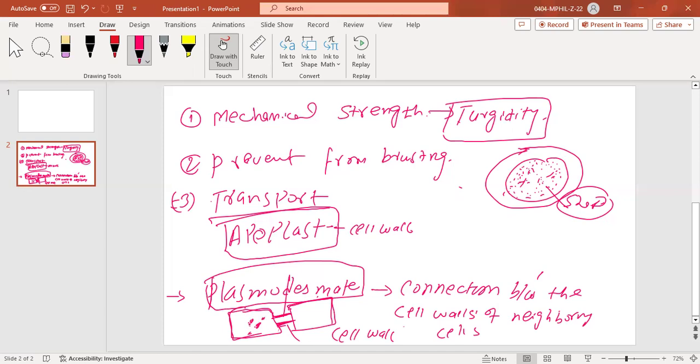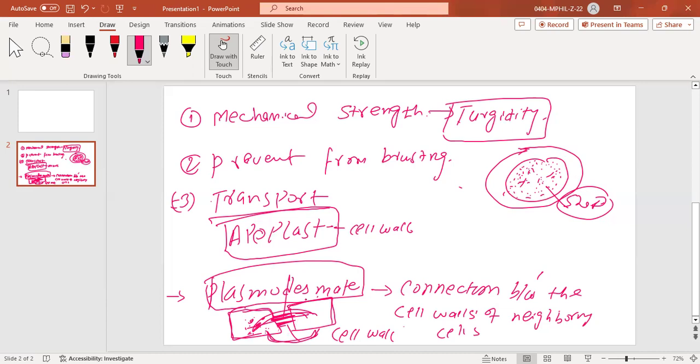If it has to move from this cell to this cell, this connection will help these molecules move from one cell to another. Without this plasmodesmata, these two cells cannot communicate with each other, or transport any substance from one cell to another. So this was the function of the plasmodesmata.